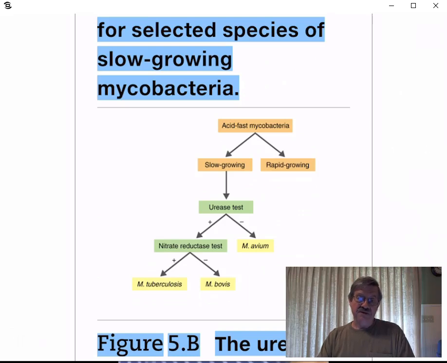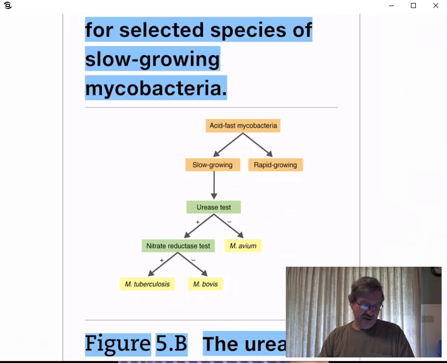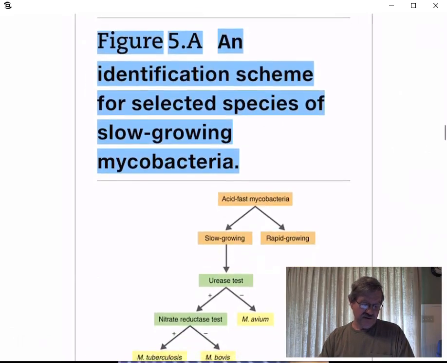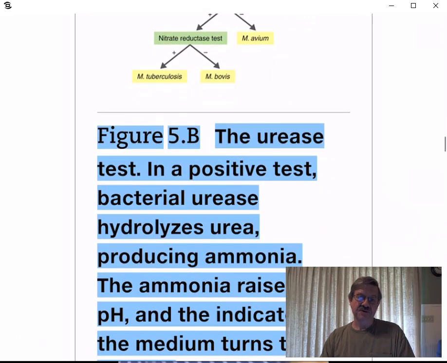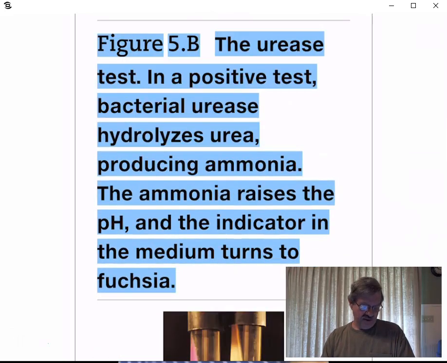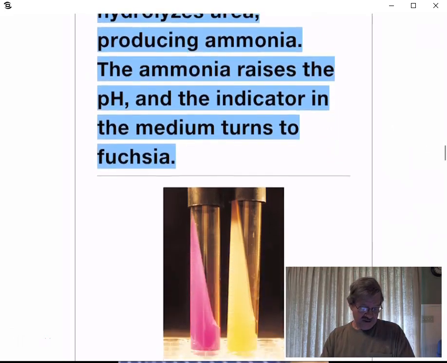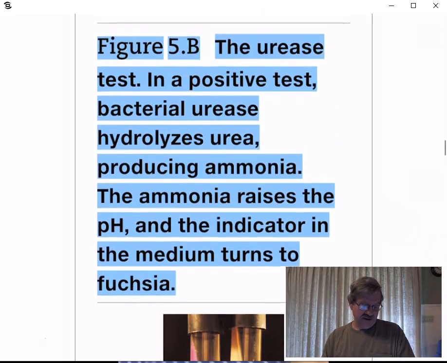If not, it's the Mycobacterium bovis. So the main point here is that we can use this biochemical test to identify these different species of Mycobacterium. Here's another biochemical test right down here.